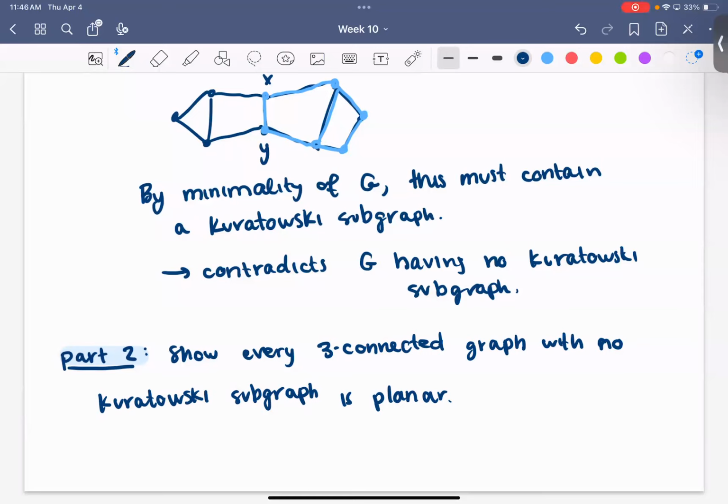Okay, so they actually prove something stronger, which is we're going to replace planar by that this thing has what's called a convex embedding, with no 3 vertices lying on a line.